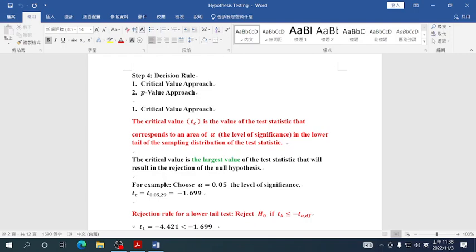This is based on the samples. But this T may not correspond to the level of significance, right? Only the test statistic corresponding to the level of significance, we call it the critical value. And this is the criterion to set the rejection region and non-rejection region.